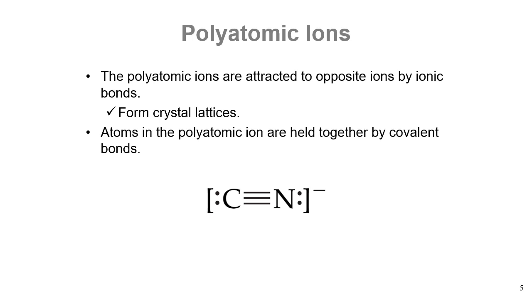You can see here the charge is -1, and it has a triple bond. So the atoms in polyatomic ions are held together by covalent bonds. A triple bond is a covalent bond. And it forms crystal lattices.